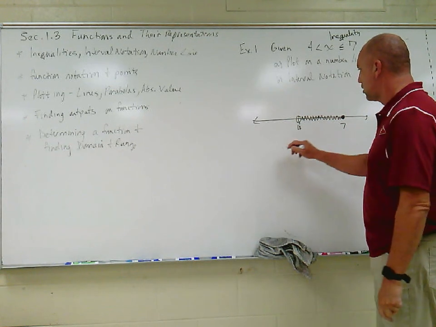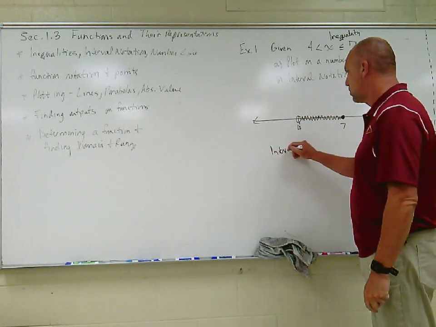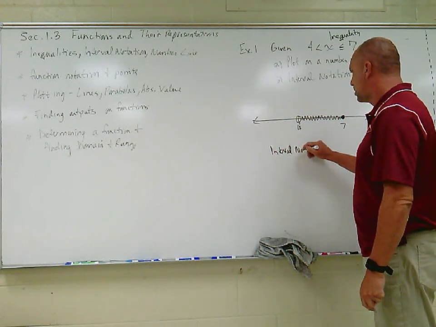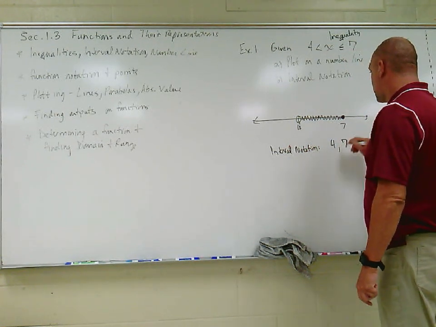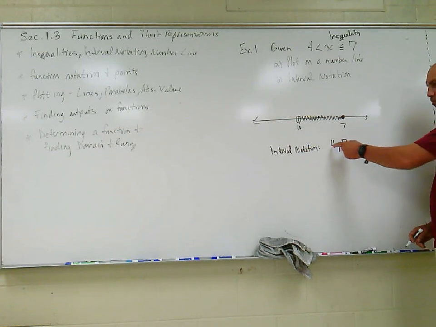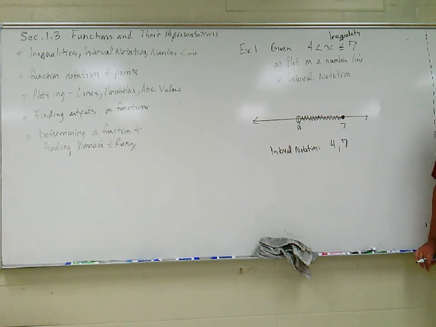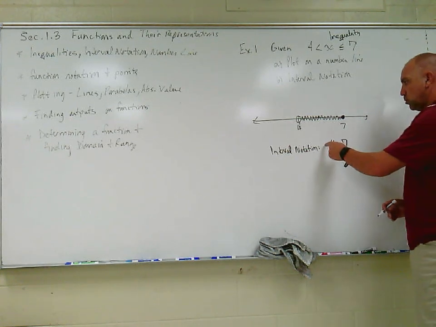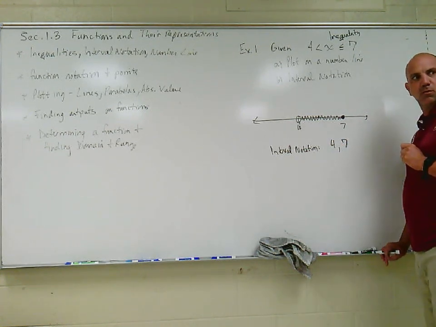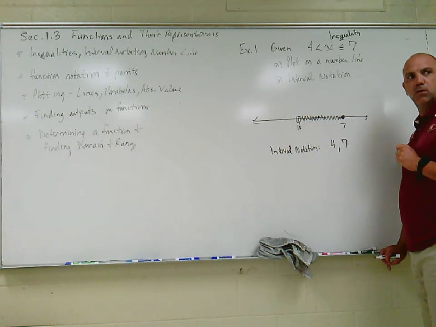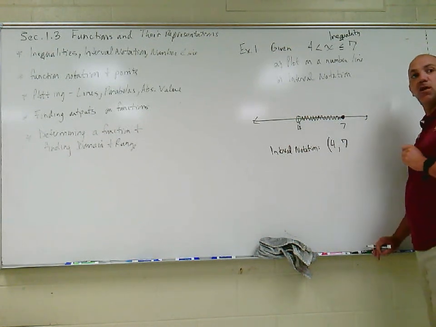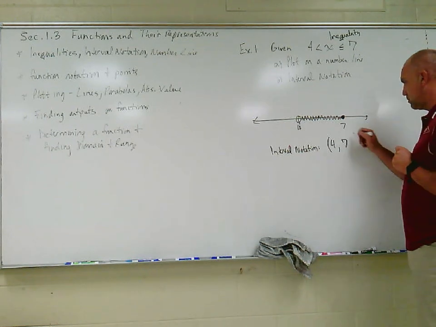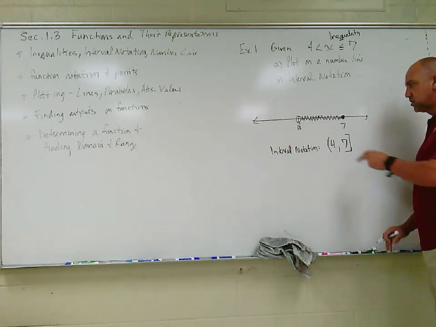So if we're going to write interval notation, all we're going to do is put the start, put a comma, put the end. And if we don't want to include something, do you guys remember what to put? You put a parenthesis. If you want to include, you put a bracket.